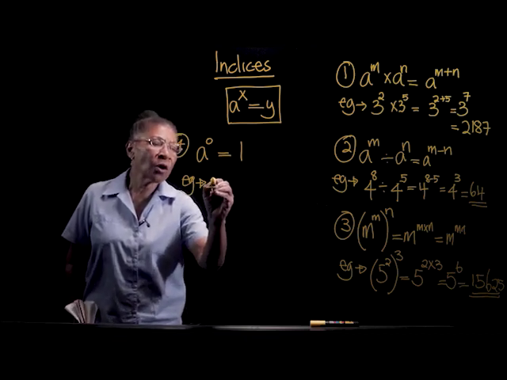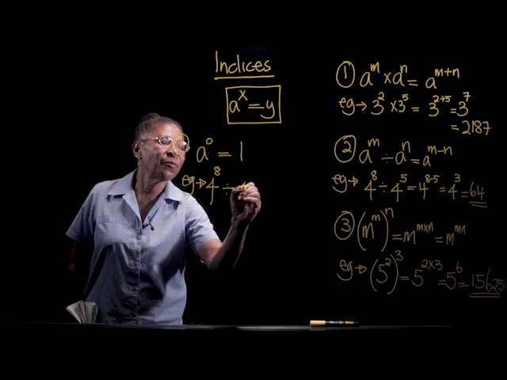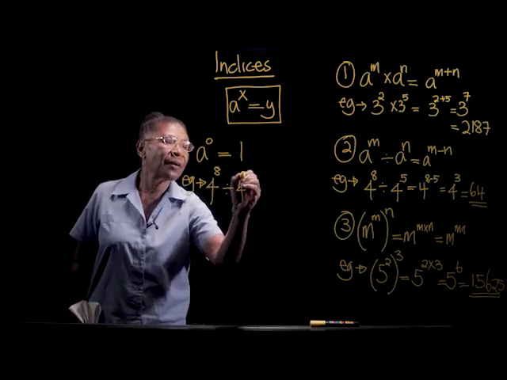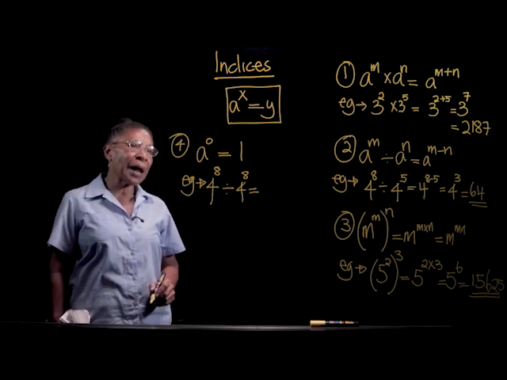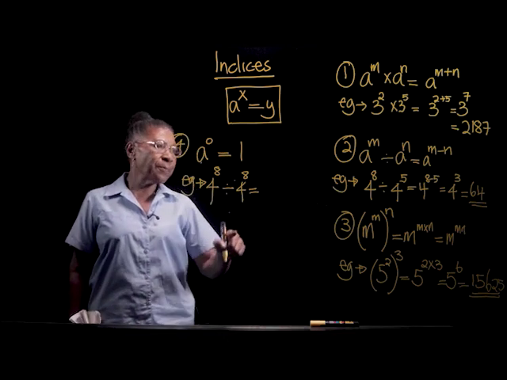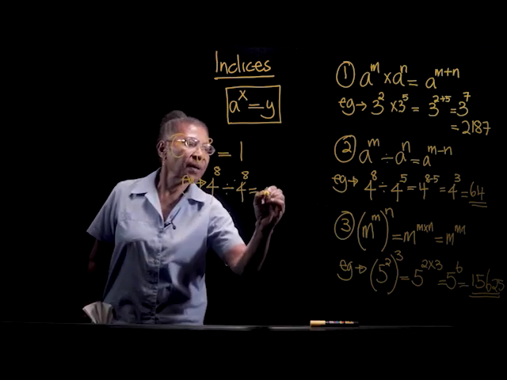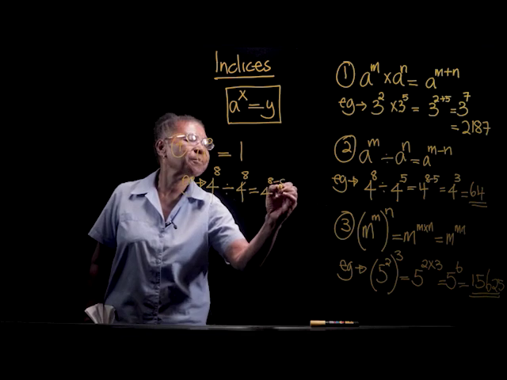If 4 raised to the power of 8 divided by 4 raised to the power of 8, I am going to apply law number 2. I keep the base, and what do I do with the powers? I subtract.